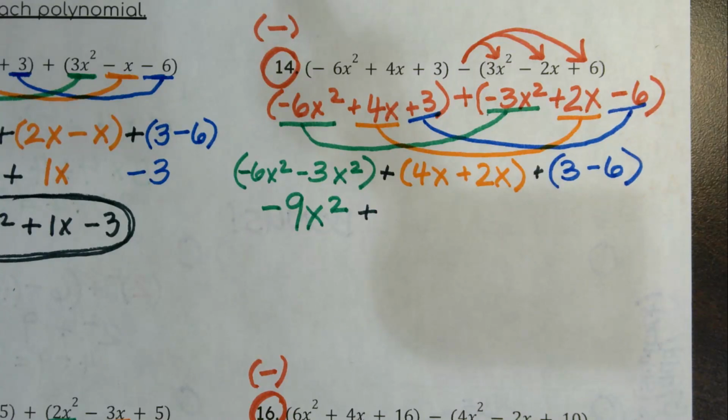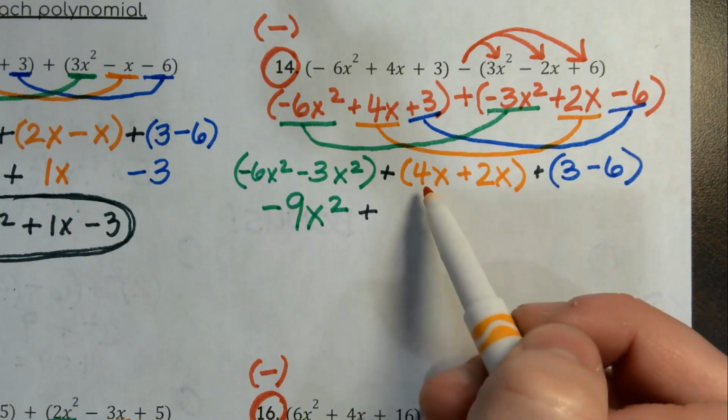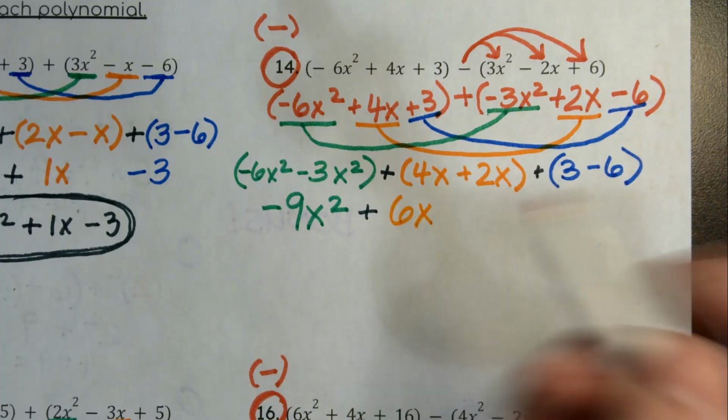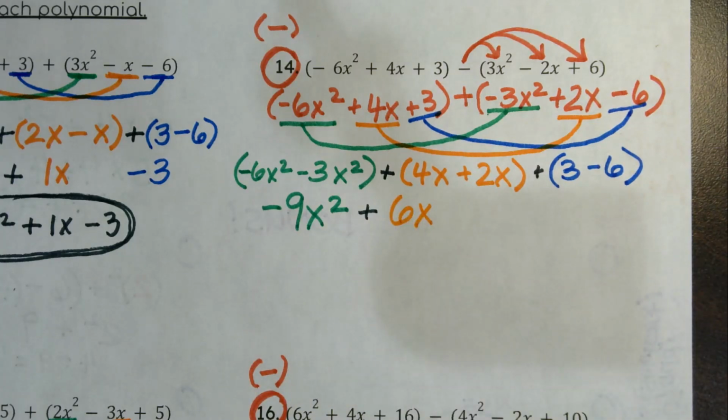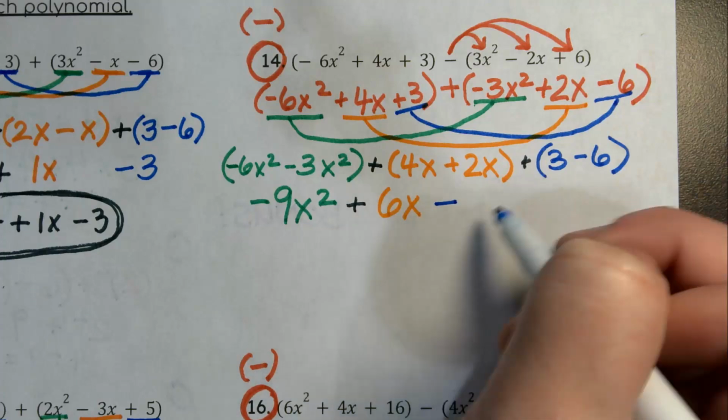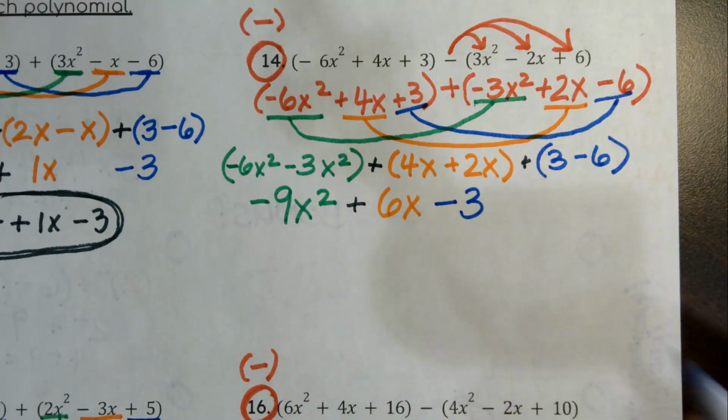What is that going to be? 6x. We did 4x plus 2x. We got 6x. Perfect. And last but not least again, 3 minus 6 is -3. So again, we can get rid of the plus and just write -3 since it is a negative number.